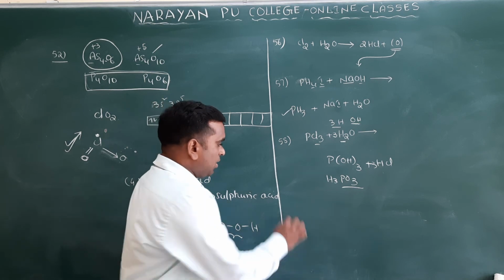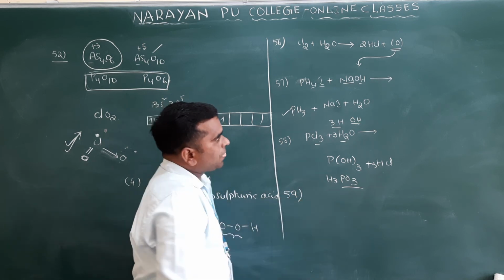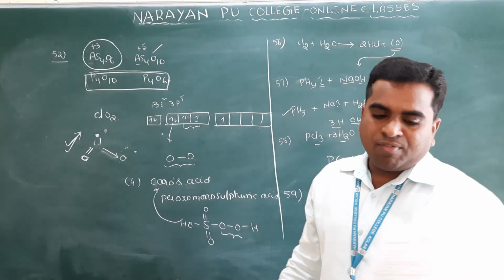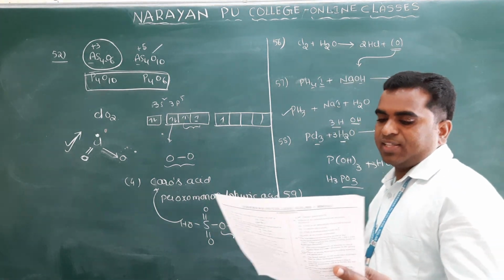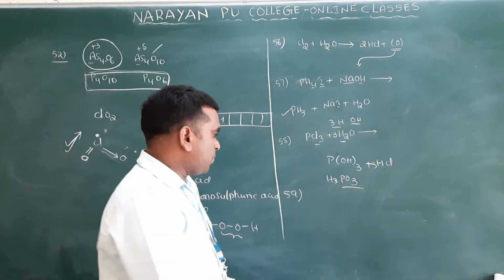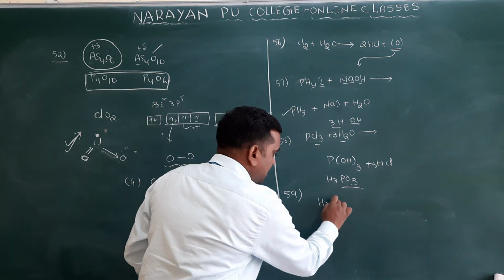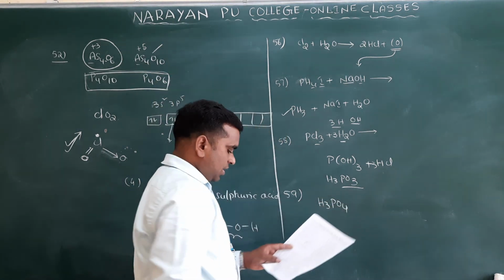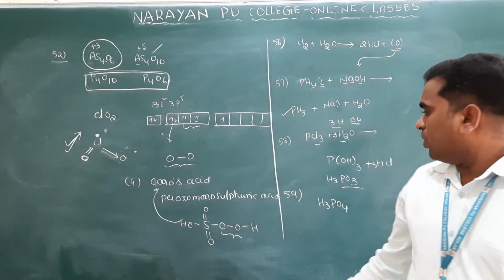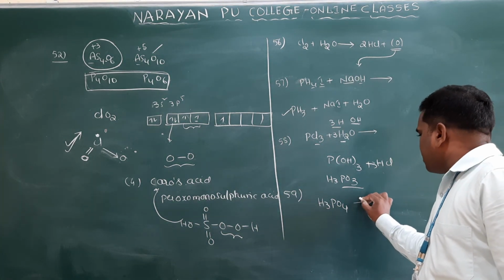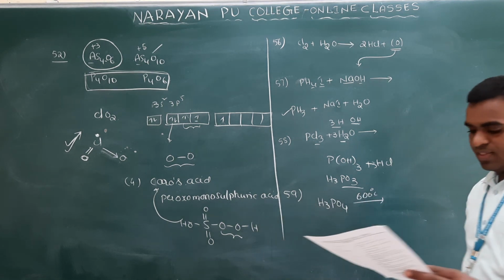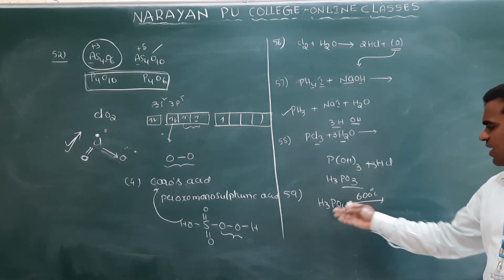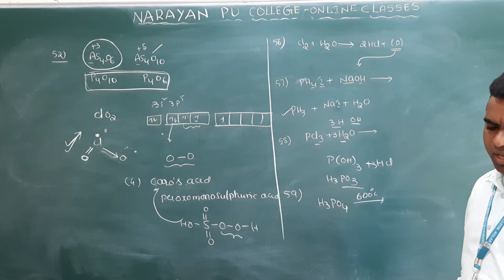So next one. 59. See the question number 59. When phosphoric acid is heated to 600 degrees centigrade, the product formed is? Phosphoric acid H3PO4. Heat this one at 600 degrees centigrade. Then it is dehydration. Water molecules will be removed.